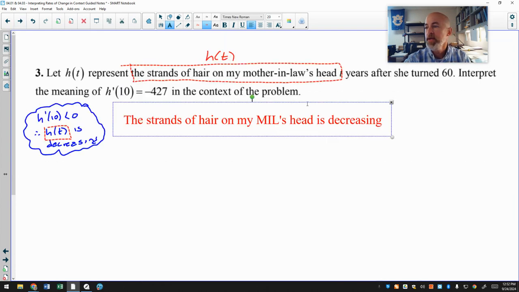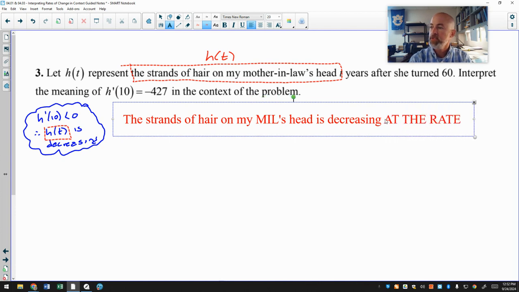So I'm going to go back, is decreasing at the rate of, and I'm going to capitalize that because you need to include something like that. So we're decreasing at the rate of, at what rate? Well, it's negative 427. However, I've already used the word decreasing, so we're decreasing at the rate of positive 427. Ooh, I need units.